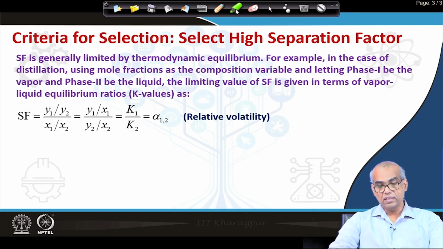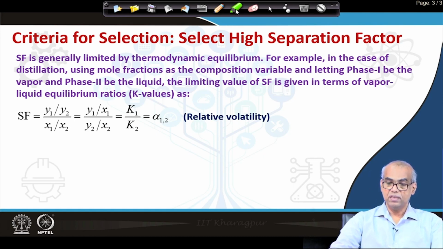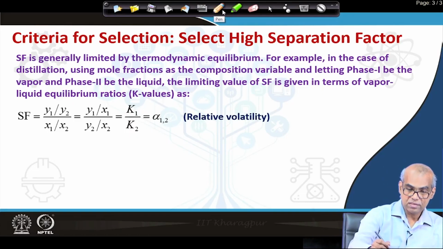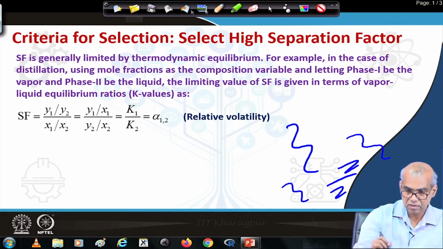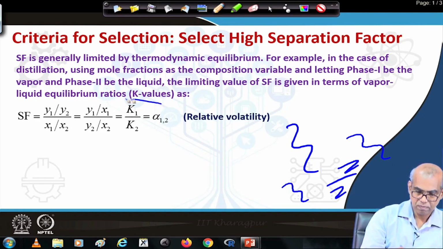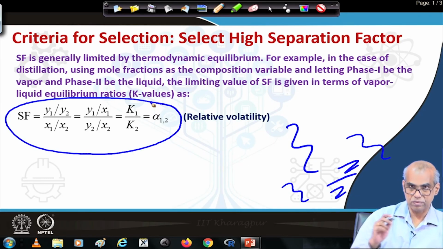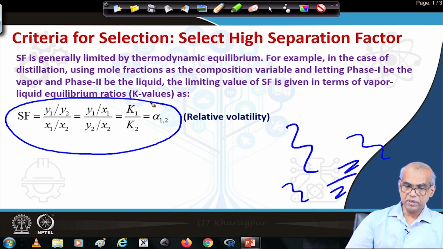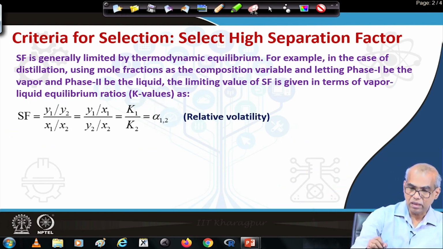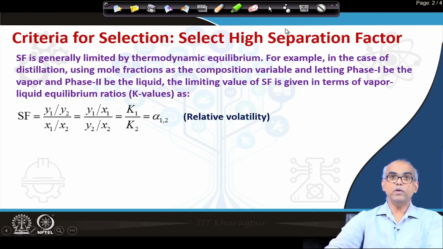In that case, the limiting value of separation factor is given in terms of vapor liquid equilibrium ratios or K values as this. So, separation factor is y1 by y2 divided by x1 by x2.